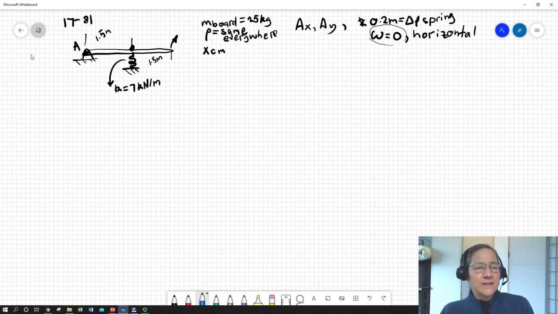So let's use a coordinate system. I'm going to use my favorite coordinate system, which includes i hat positive to the right and j hat positive upwards. Need to give myself a little bit more room there.